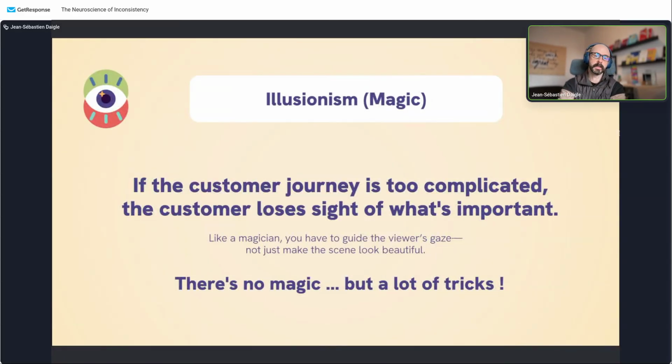And when we design an enterprise service or product or whatever, we also say there's no magic, but there are a lot of tricks. And I think the way neuroscience and design are connecting together is that the things we used to know, we are now able to map better, to understand, and to play with better. So, if the customer journey is too complicated, the customer loses sight of what's important.